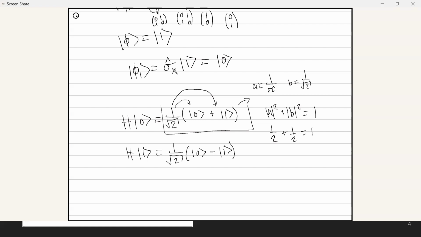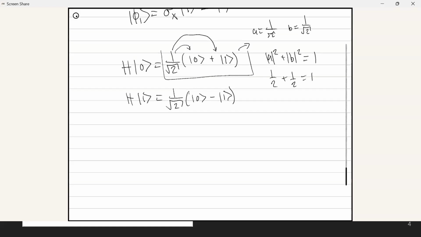Good question. Basically, you can think about it in linear algebra terms in this case, or you can think about it in bra-ket. So let's think about it in bra-ket notation. H is a gate, and 0 is a state.